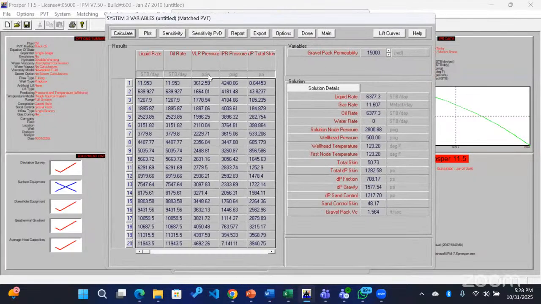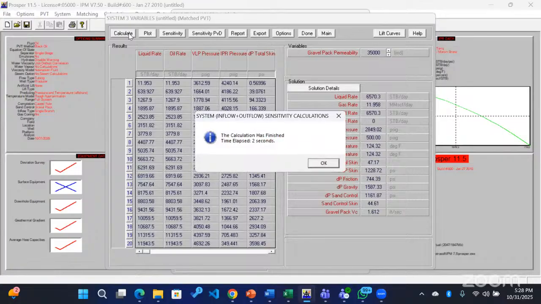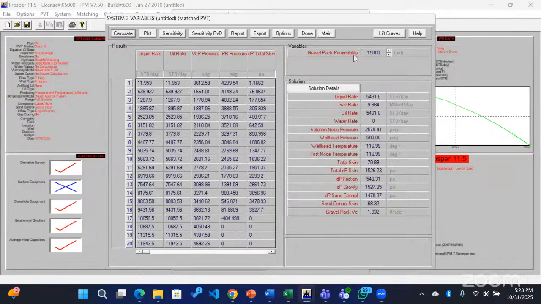So you continue. We still have these previous results, then we'll come to calculate again. Okay, so we've calculated for those cases. If you come here, you see that this result you are seeing is for gravel pack permeability of 15,000. Because we have 5 cases, you can change to 20,000 and you see different results.